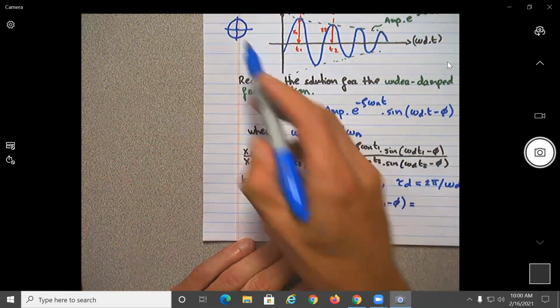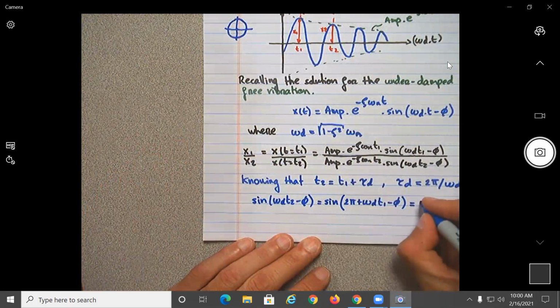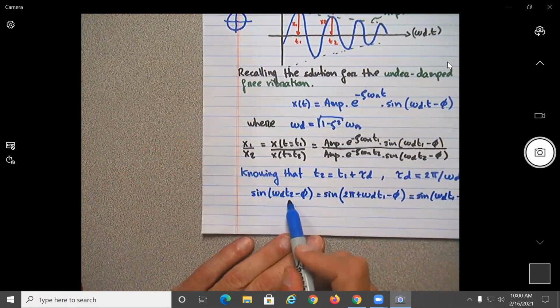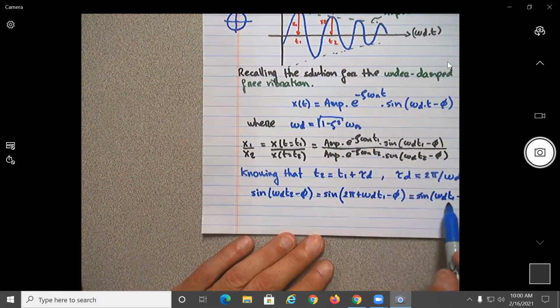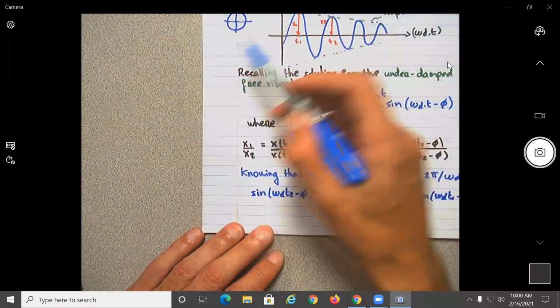If you add 2 pi to the response, basically what you get is the sine of omega sub d t sub 1 minus phi, one of the properties of sine. So you can rewrite this one as just t1. It makes sense: if you add 2 pi, the only thing you're doing is going back to the same location, no?